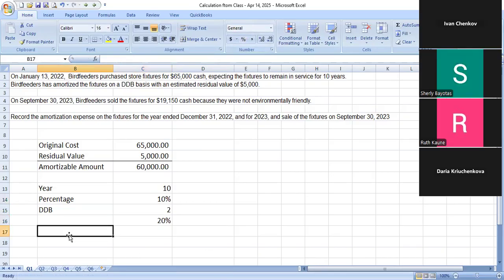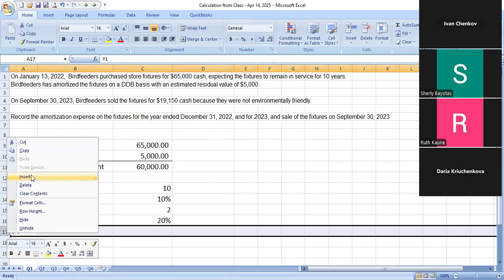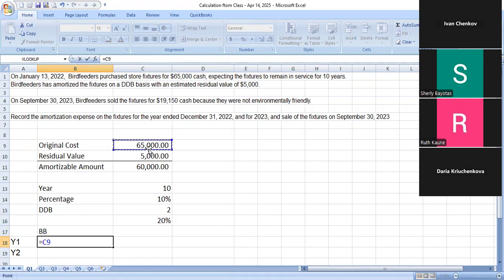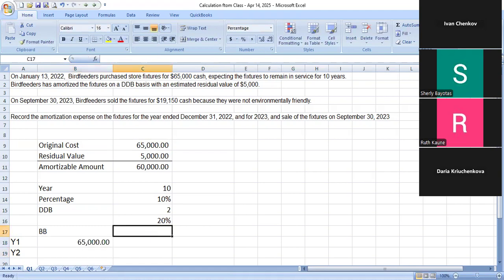So the first year, we can easily calculate that one. What's going to happen in year 1 and what's going to happen in year 2. In year 1, our beginning balance will be $65,000. Our amortization expense will be 20% of that amount, 65 times 20%.